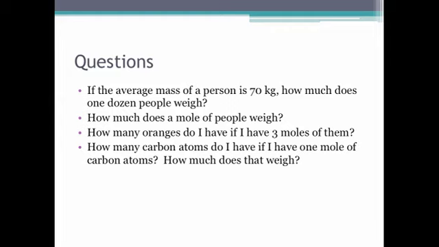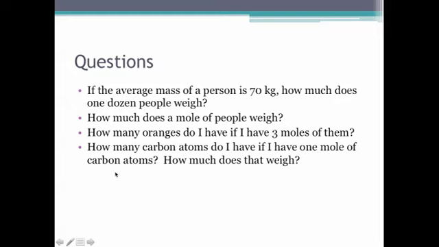If I have 1 mole of carbon atoms, well, the answer is 1 mole, or you could say I've got 6.02 × 10^23. But now, because we also know that other trick, that the mass of an atom expressed in grams will correspond to 1 mole of that particular group of atoms, then I know if I've got 1 mole of carbon, I can look up the atomic mass of carbon in the periodic table.